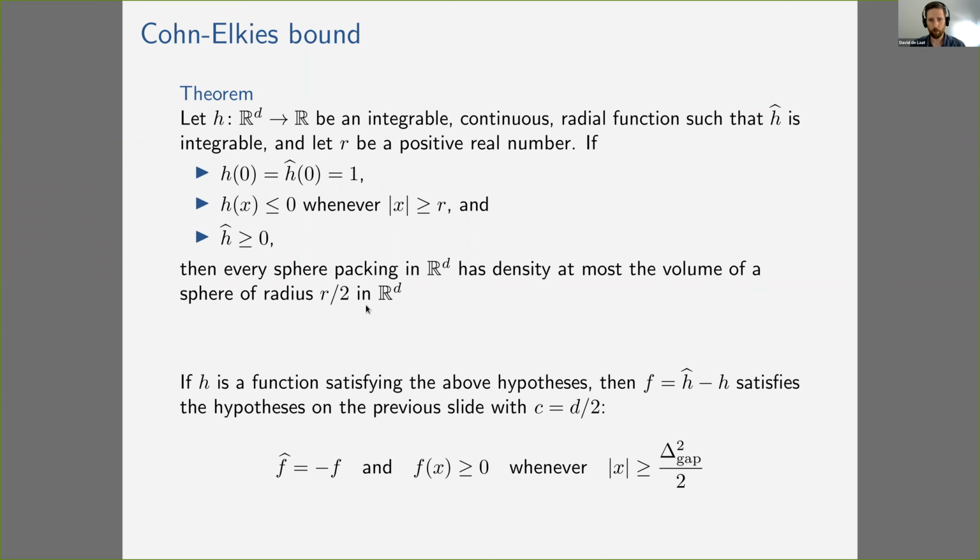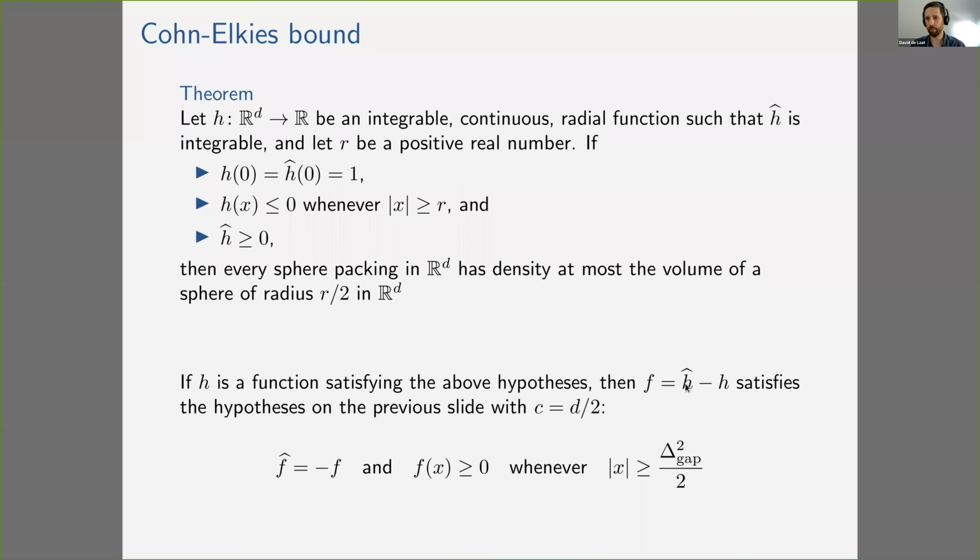So why is this equivalent? One direction is easy. If h is a function that satisfies the above conditions, then we can construct f like this: f is h hat minus h. And this satisfies the conditions on the previous slide, where you set c equal to d over 2. Then it's immediate that f hat is minus f.